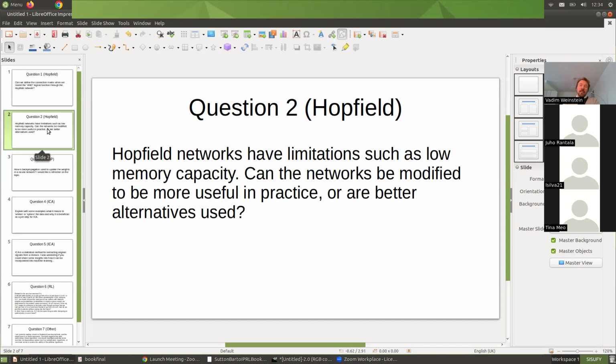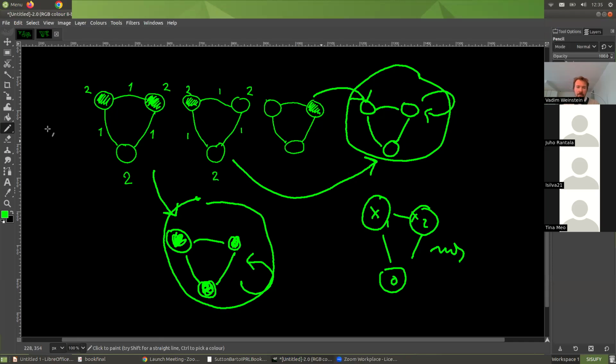Hopfield networks have limitations such as low memory capacity. Can the networks be modified to be more useful in practice, or are better alternatives used? Good question. Indeed, Hopfield networks have a theoretical limit for the number of stable states that they can store. The one that I just showed had 2 stable states.